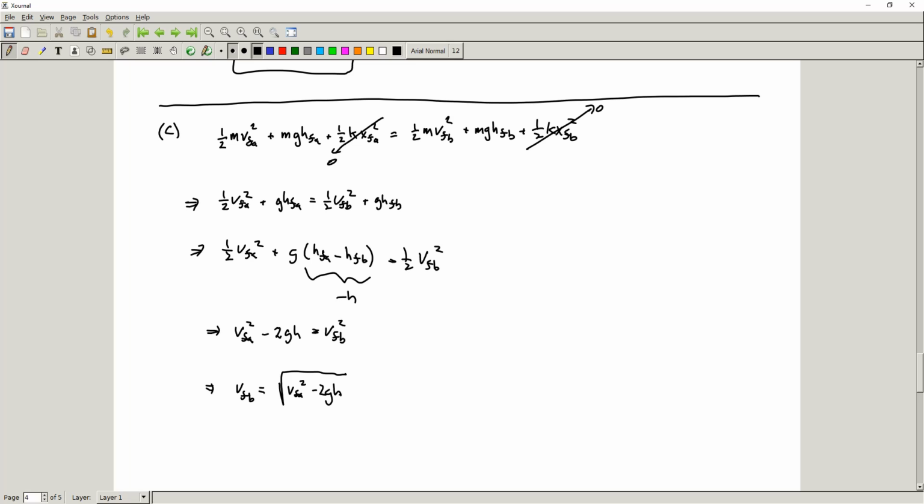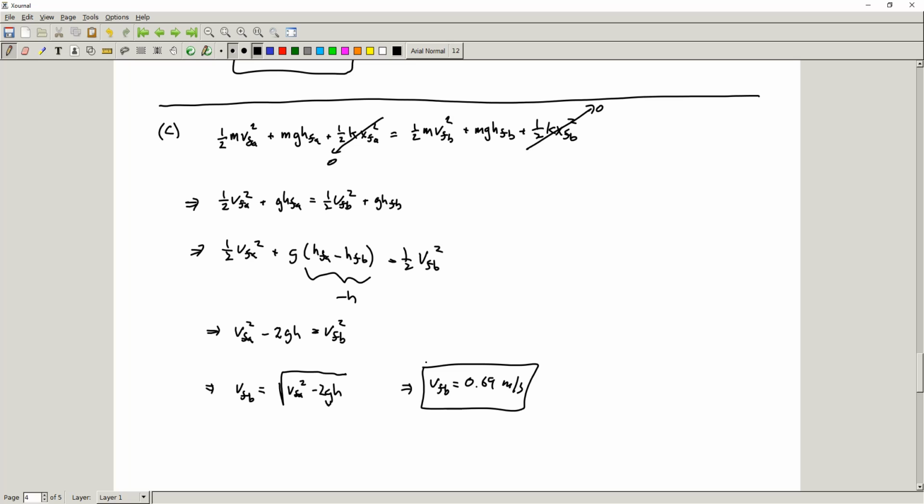If we substitute in numbers, for our vFA, we found that in part A, this is 2 meters per second. g is our normal g. h is our 0.18. If you make this substitution, you find that vFB, unsurprisingly, is equal to 0.69 meters per second.